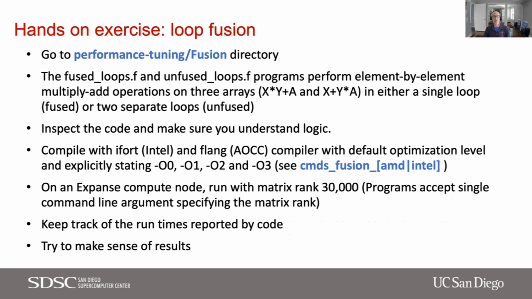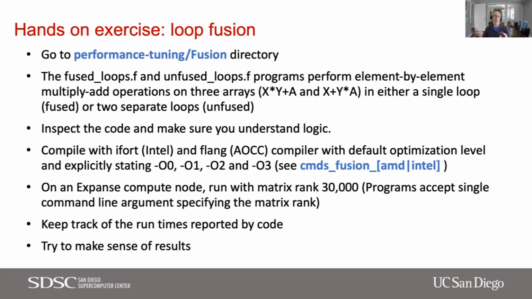So with that, we're going to jump right back into another hands-on exercise. The fused loops and the unfused loops are going to do element by element multiply-add operations on these three arrays, just like I've shown, either in a single loop or in two separate loops. So we're going to inspect the code, make sure that you understand the logic.